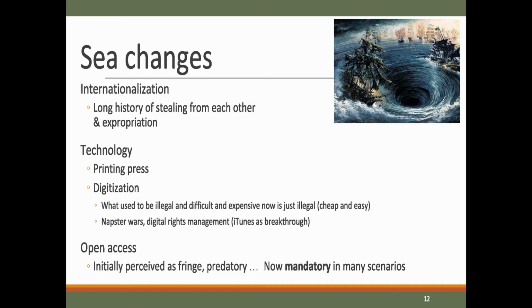Now in the European Union, or if your work is supported by many granting agencies, they say it is mandatory that you put this in an open access journal. Why? Because they funded the research and they want the research to reach the most people. So the idea of, we'll pay for you to do the research, you do the research, and then we give it to someone else to make a profit, they're like, not acceptable.